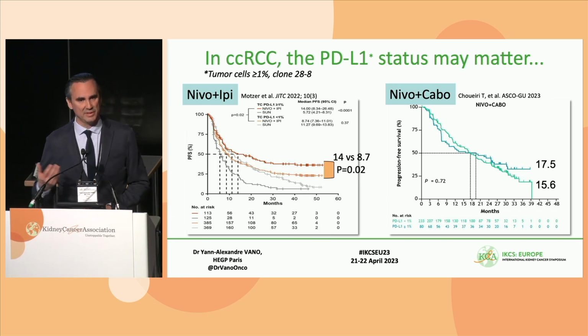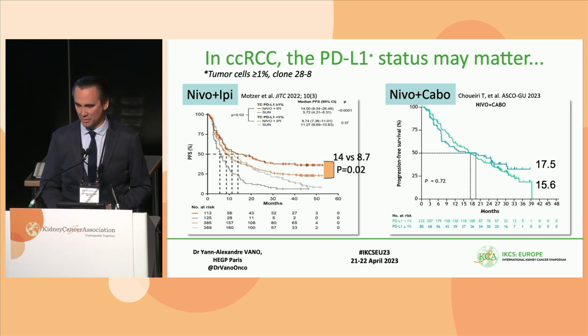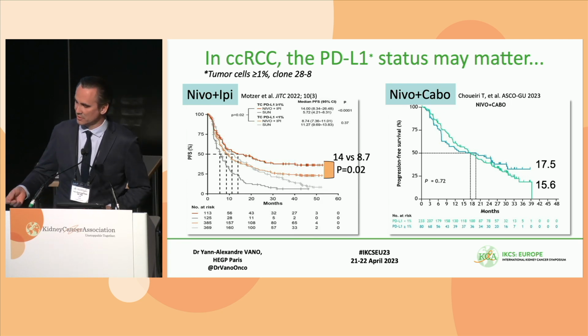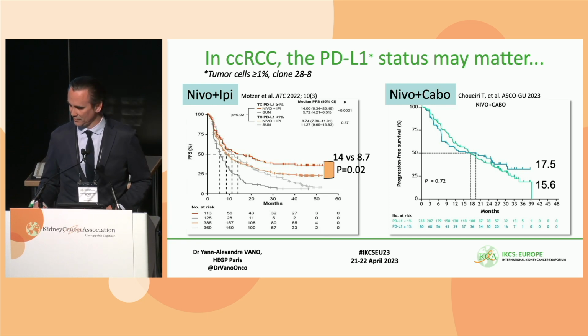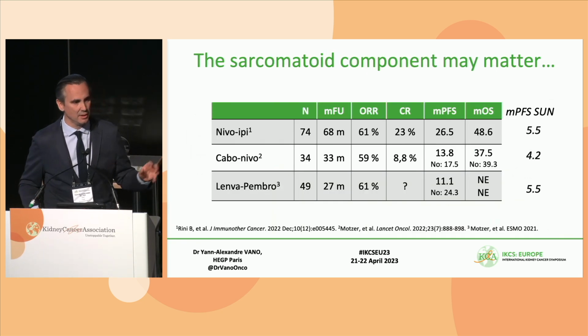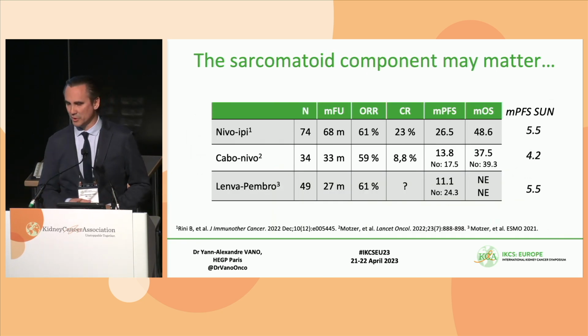Whereas with TKI-IO, as an example, I put the Nivo-Cabo Kaplan-Meier curves, you see no difference in progression-free survival according to PD-L1 status with the same cutoff and the same clone. Maybe we have a space here to do something, and I will show you some initiative later.